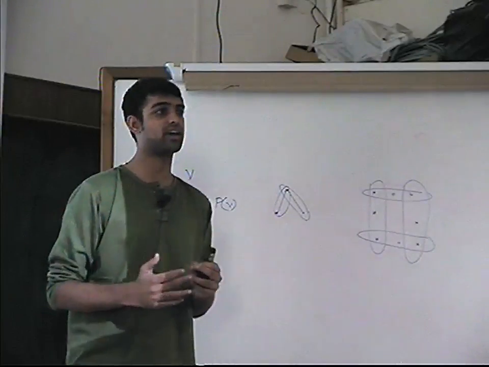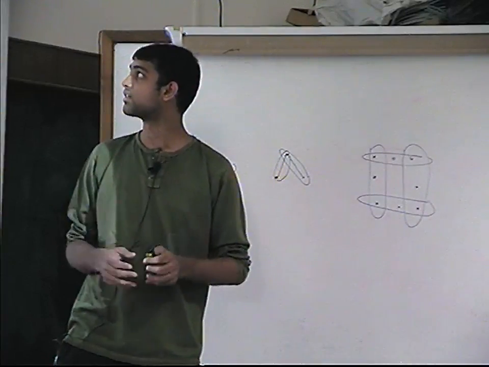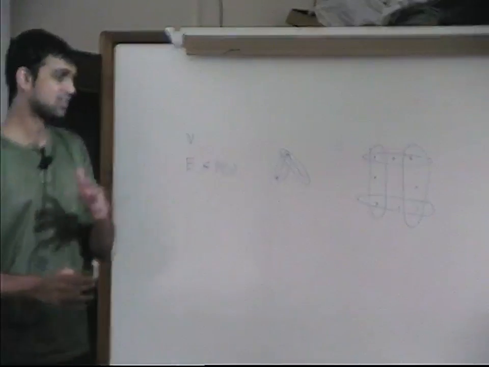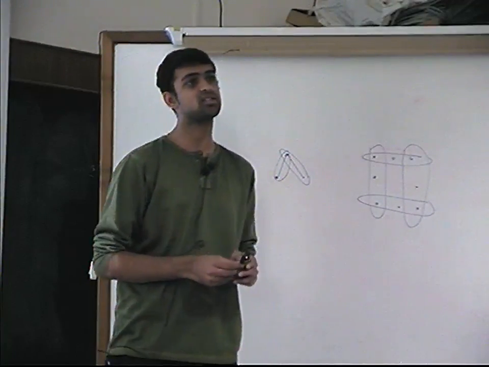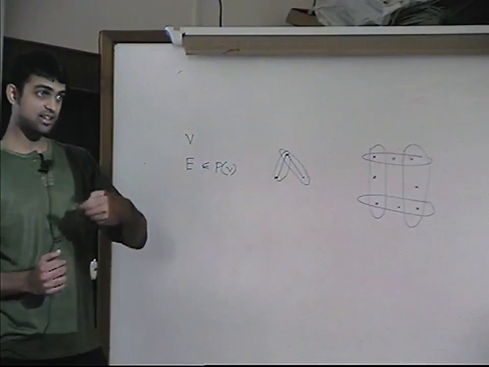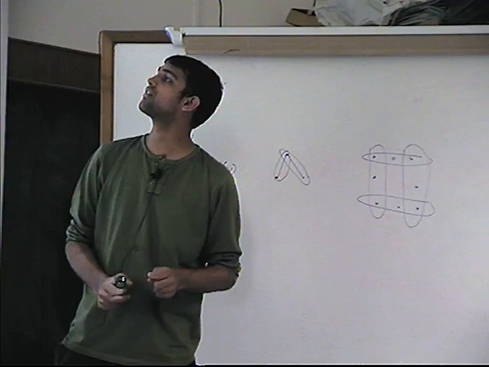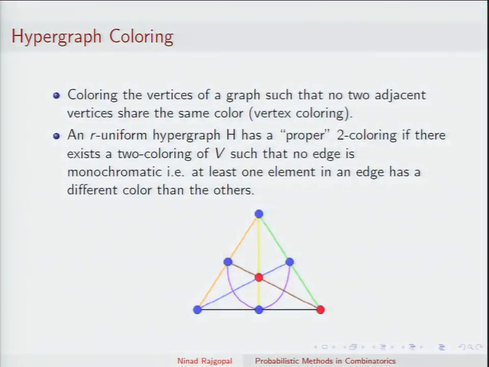And if I can assign a set of colors this way, we call this a proper coloring. So this is a vertex coloring version. So the two coloring problem here is, can I color a graph with two colors? Now we look at the generalization of this to hypergraphs, where we look at an R uniform hypergraph and ask if it has a proper two coloring.